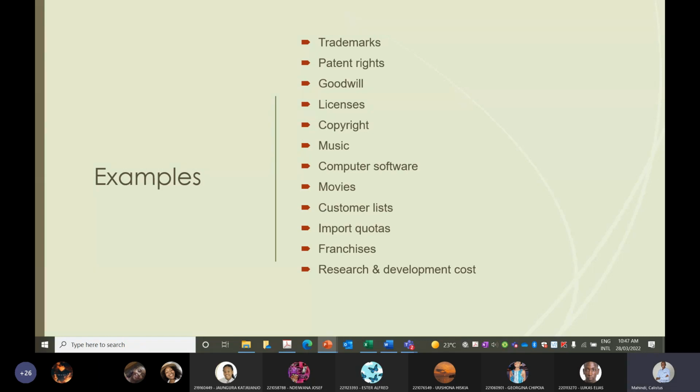All right, so other types of intangible assets: the right to income from music. Let's say you've composed music, and the music is published. As the author or the composer, you are entitled to receive royalties from the music that you have created.